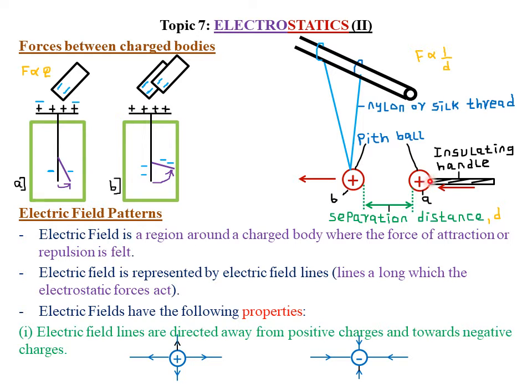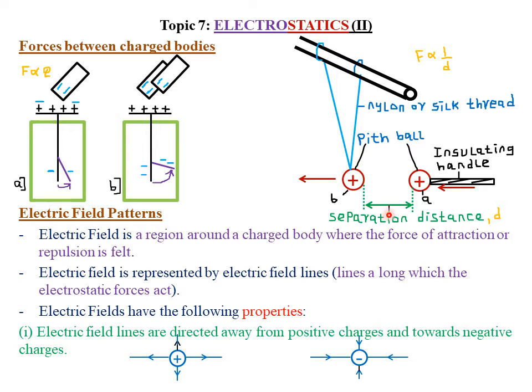However, if you take this insulating handle far away from this charge, this pith ball will not be repelled. The pith ball will remain in its position, showing that the electrostatic force will be very, very small. So the smaller the separation distance, the greater the repulsive force, or the greater the electrostatic force. Remember, we said that electrostatic force simply refers to the force of attraction or repulsion between static charges.